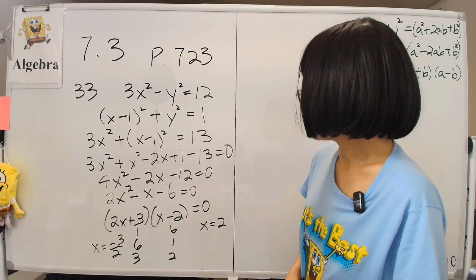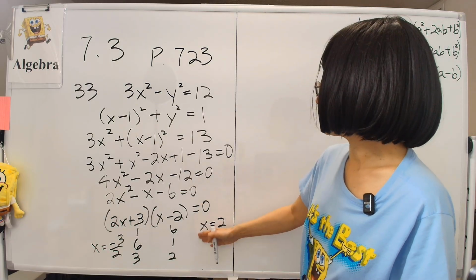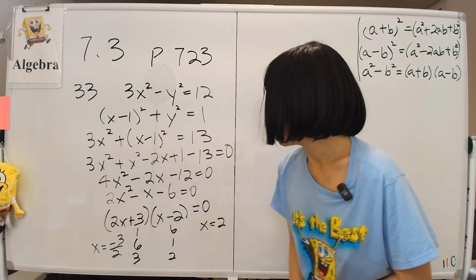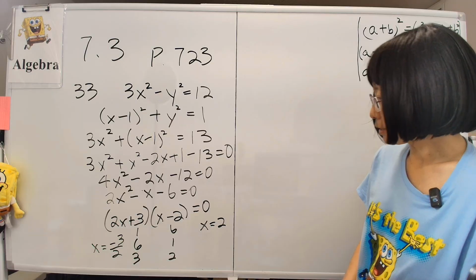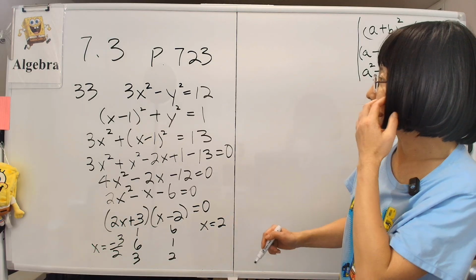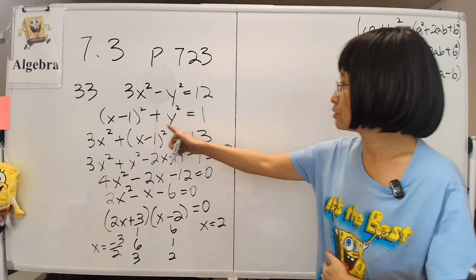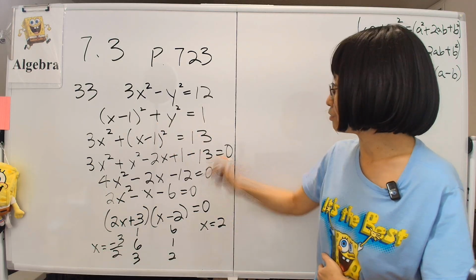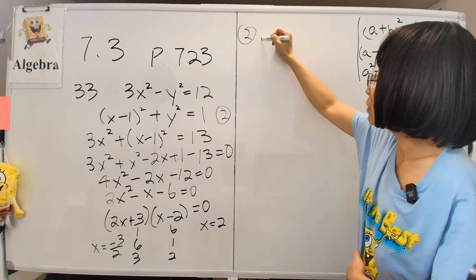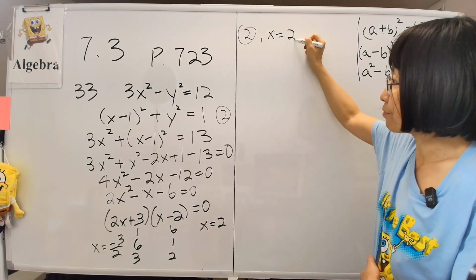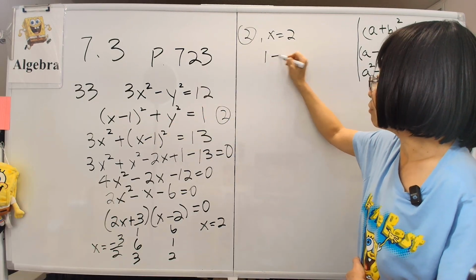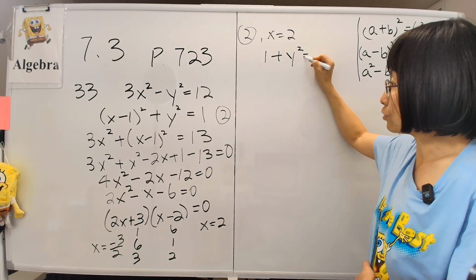Then from each x, we need to calculate what possible y's there are. Let me move over here. We'll do the easy one first, where x equals 2. Plugging x equal to 2 into equation 2, we get 2 minus 1, that becomes 1, so 1 plus y squared equals 1.